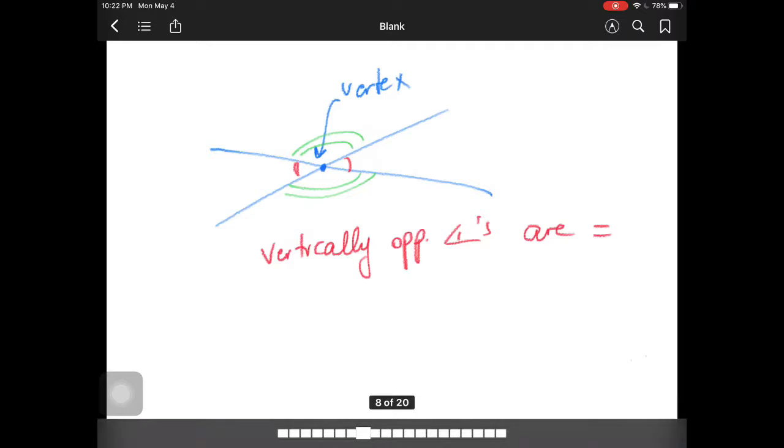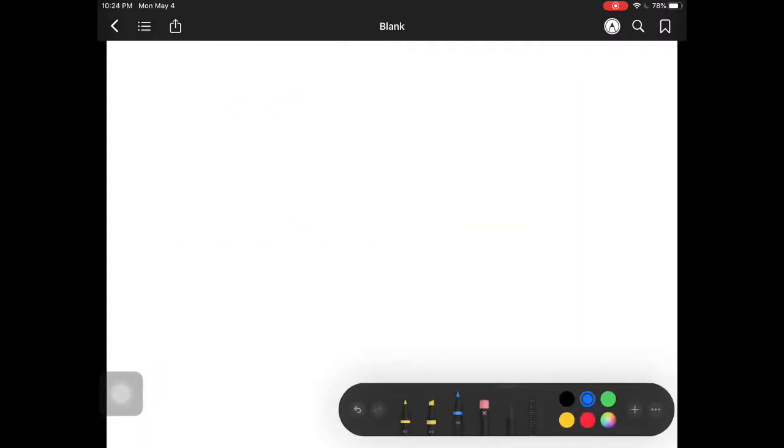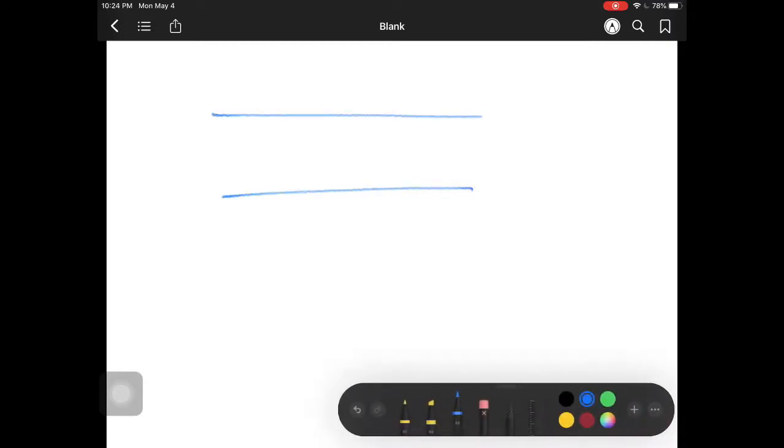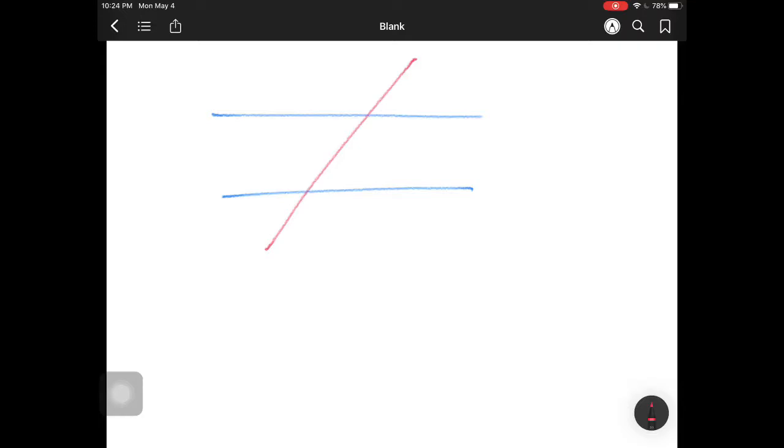Now, if we have two parallel lines, and a third line comes and intersects them. How many angles are formed in this picture?